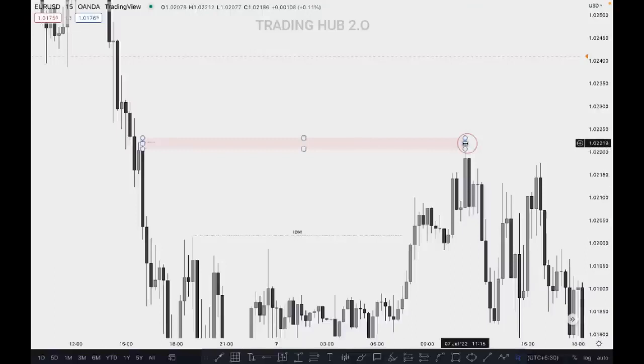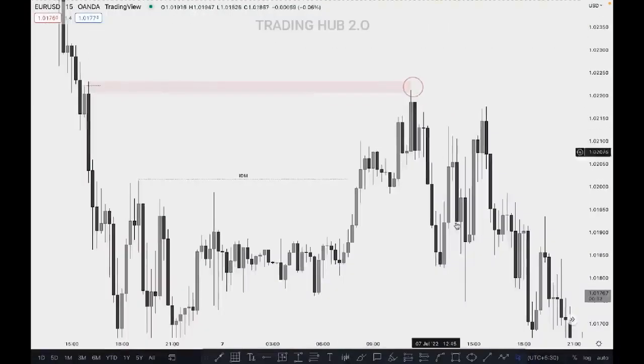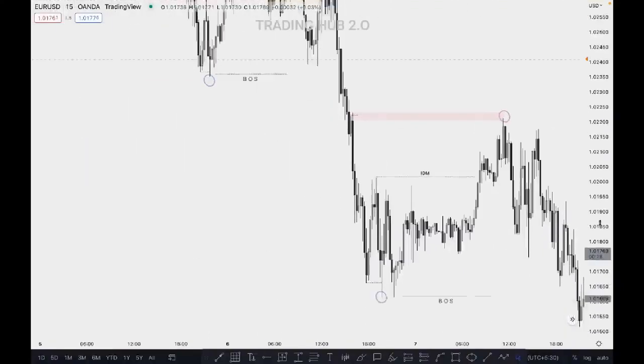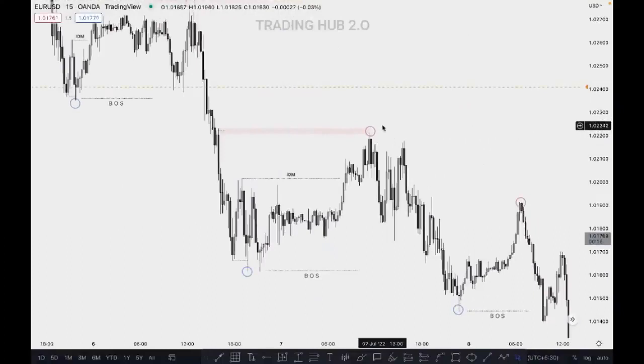That's why the market tapped on this extreme supply zone, and then the market pushed downside. At this point we can switch into the M1 chart to see exactly what the market is giving us. Once the market taps on this supply zone, you can switch into the M1 at this point, not here.